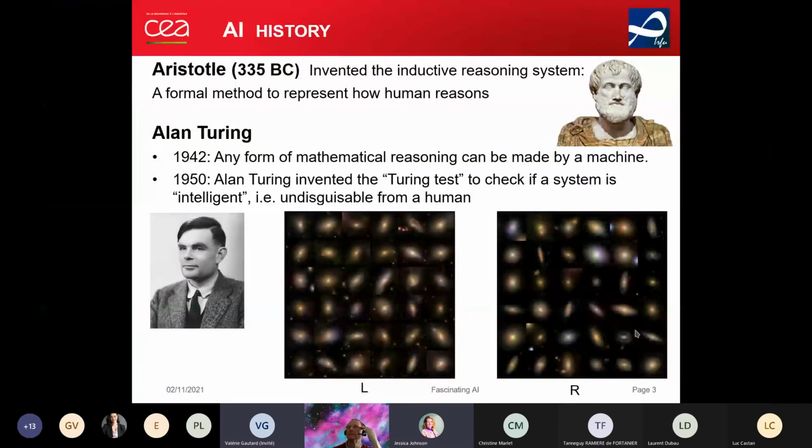Okay, I will now stop the poll. I don't see the results. So in the results, 57% responded left and 42% responded right.